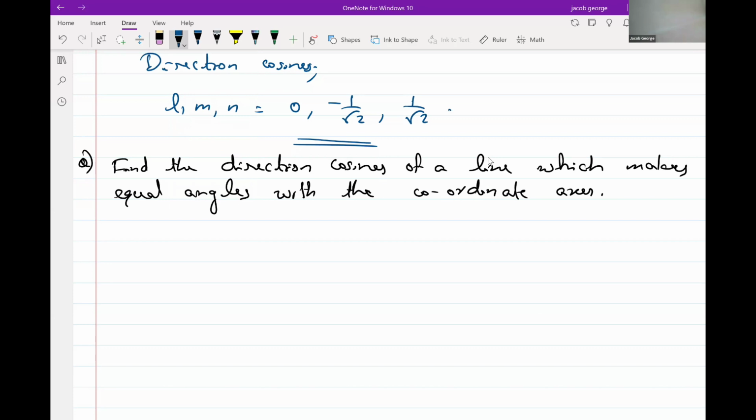Equal angles means alpha, beta, gamma are equal. Then what relation is to be applied to find out alpha, beta, gamma? Cos square alpha plus cos square beta plus cos square gamma is equal to 1. Here alpha is equal to beta is equal to gamma.